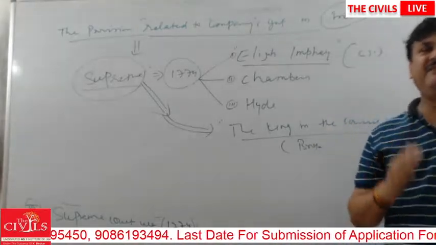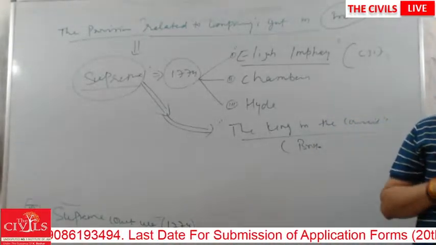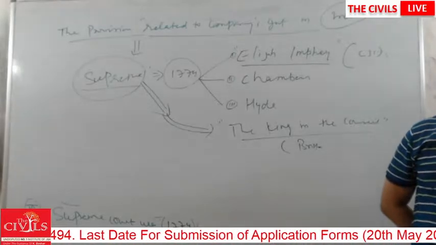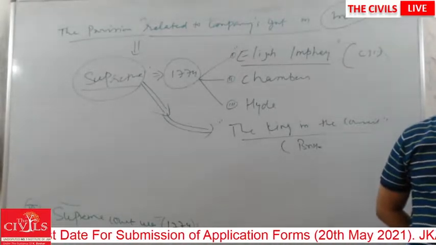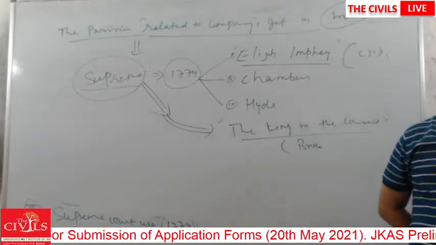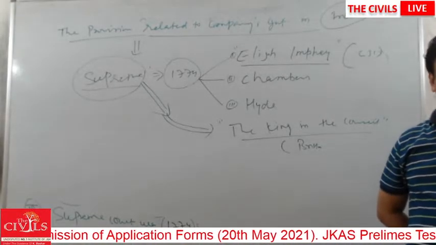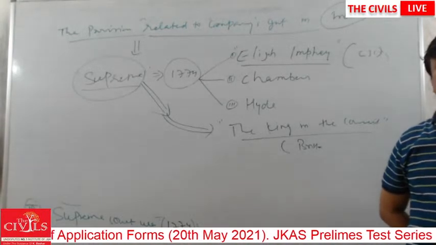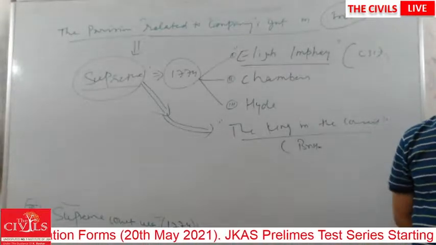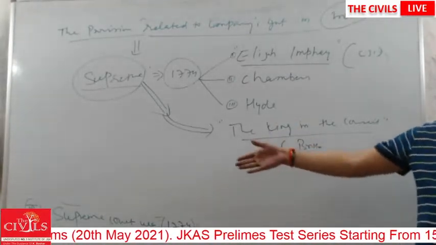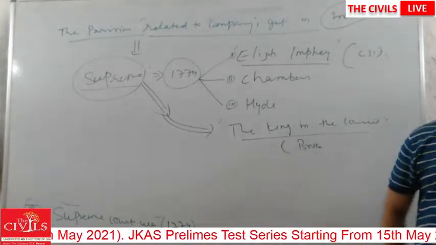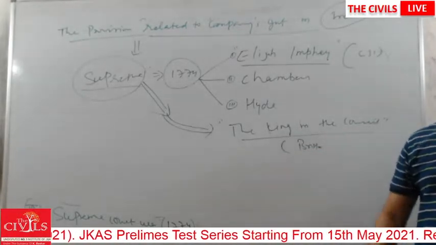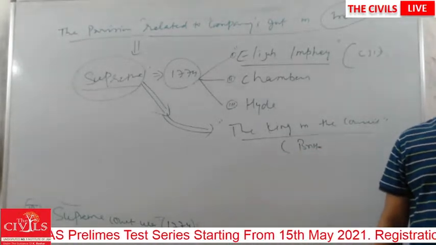Philip Francis was always against Warren Hastings, and in one of the meetings of the Governor General Council, he shot at Warren Hastings, and fortunately he survived.